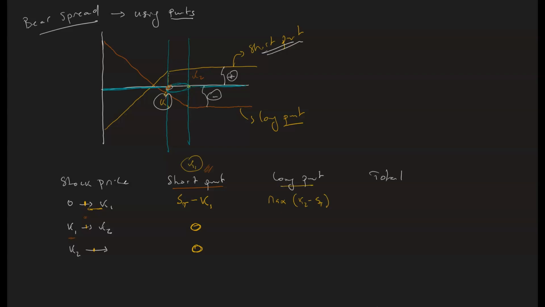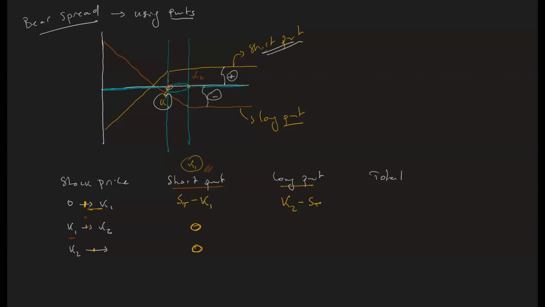And so if the stock price is between 0 and the first strike price, that's the strike price of the short put, the difference is going to be positive. That's the maximum between that and 0. The difference between K2 and the stock price is going to be positive. The long put is going to be exercising the option. So the outcome here is going to be the strike price 2, that's K2 minus the stock price.